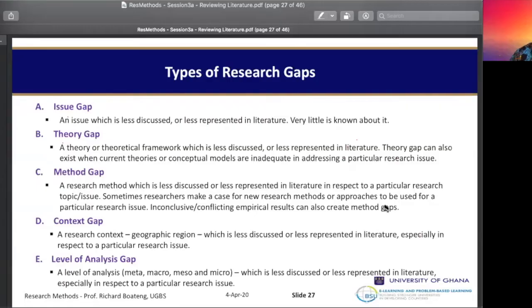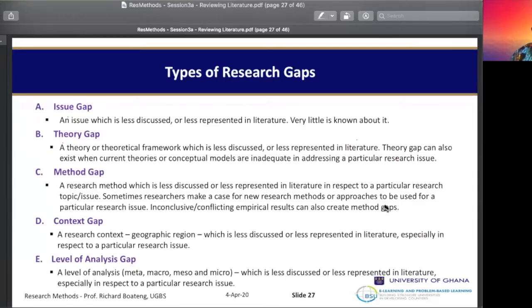So that I mentioned one. A method gap can come from a dominance of one approach in the research, whether it's quantitative, qualitative, or mixed methods, or from the way we measure a variable, whether the variable is multidimensional and we are measuring it as a composite variable.